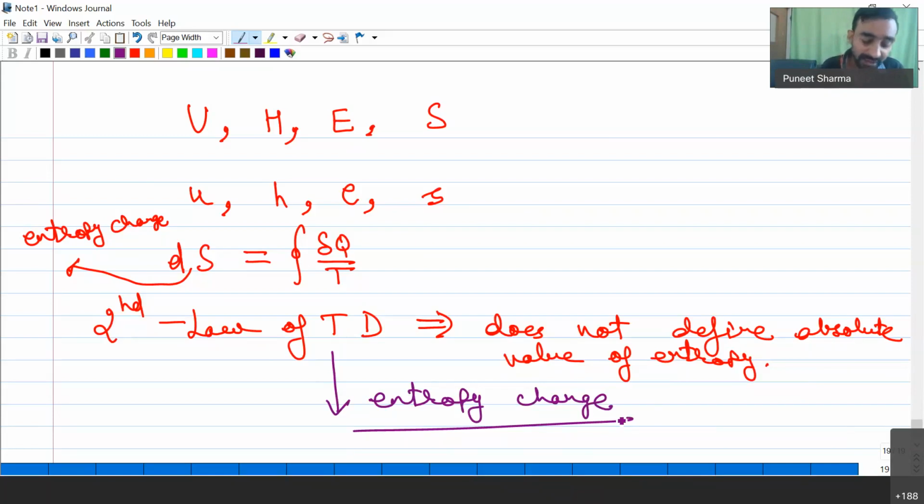One more very important point I would like to highlight here: while we have got this entropy from the formulation of the reversible process, as we are calling it a property, it is applicable for both reversible as well as irreversible processes, because it is a state function and does not depend upon the path. Why it does not depend upon the path, I will prove in our next lecture. Now I will stop at this point.